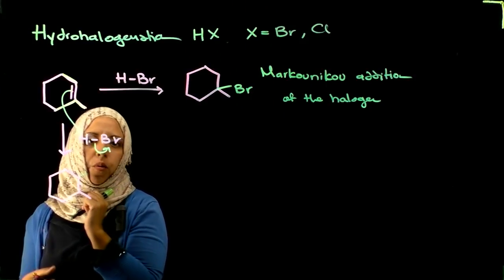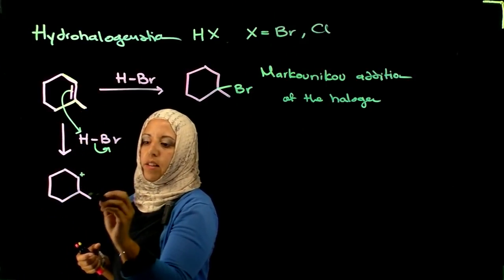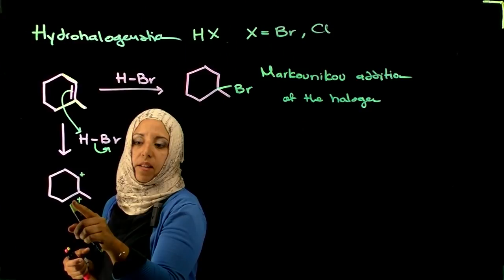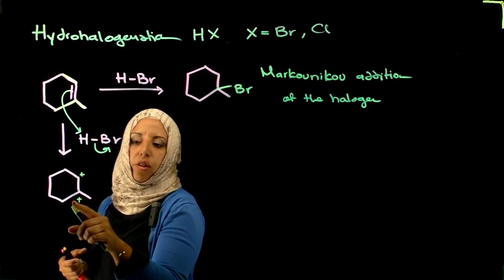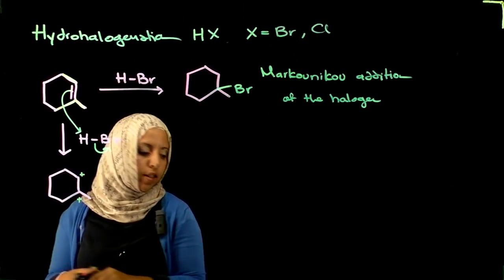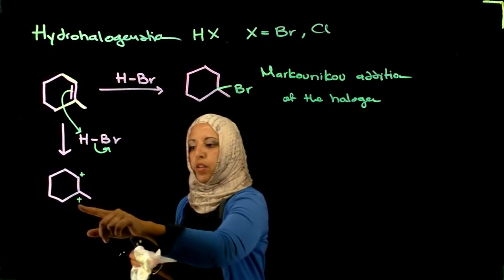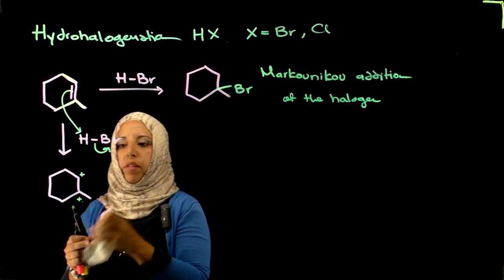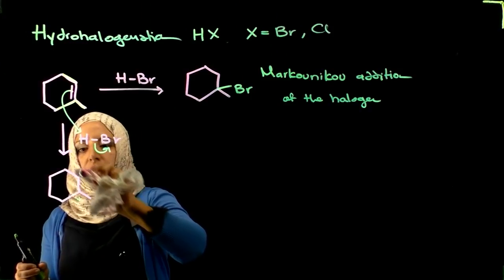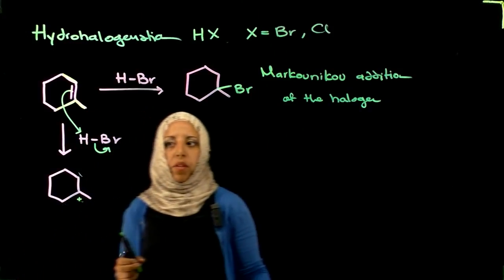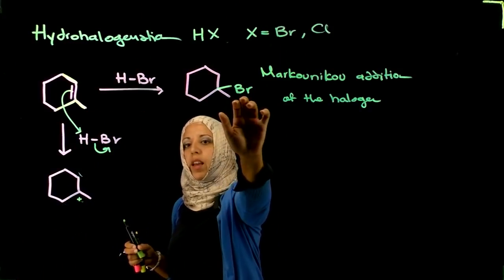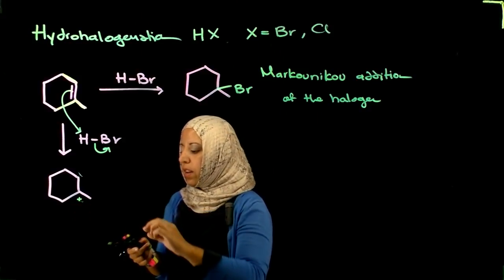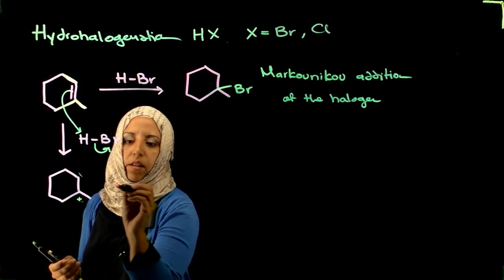So a carbocation will form either on this end or on this end, right? This is a tertiary carbocation, this is a secondary carbocation. This carbocation is more stable, so we form the more stable carbocation. That's why later the halogen adds to the more substituted position.